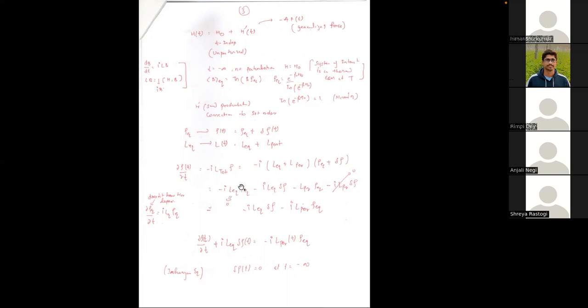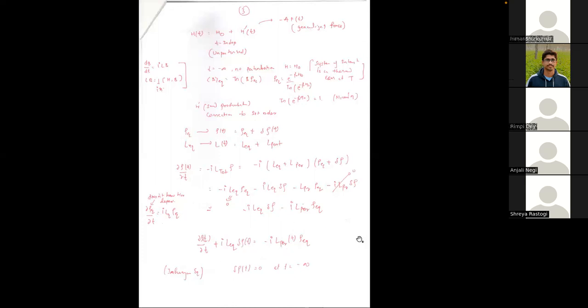So now we have two terms, L equilibrium with delta rho, and L perturbation with rho equilibrium. Now you can take one term to this side, and then you have this equation.